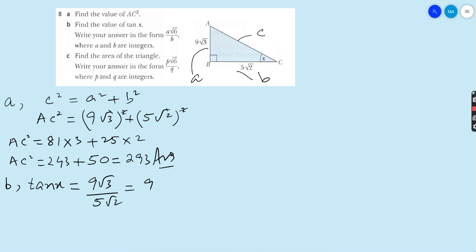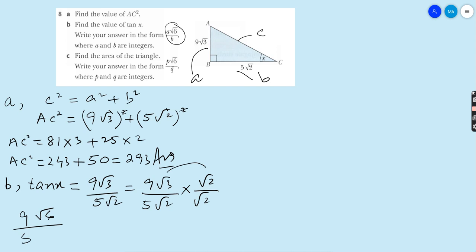Because we need to give the answer in the form A root 6 upon B, in order to give the answer in this form, we have to multiply and divide the fraction by root 2. And now 9 root 3 into root 2 is 9 root 6 upon 5.